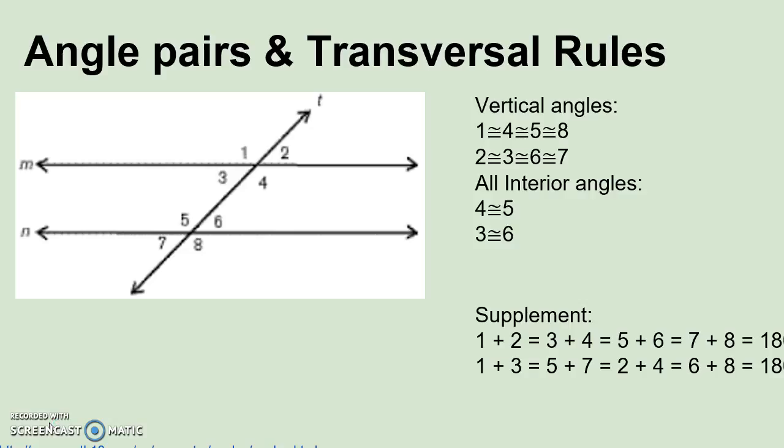Once again, 1 and 3, 5 and 7, 2 and 4, and 6 and 8 also add to 180. This will become important when we seek to identify the first interior angle of our non-90 degree vectors. This will become procedure B, and that is what we'll look at next.